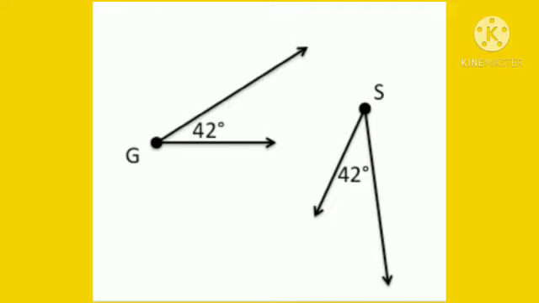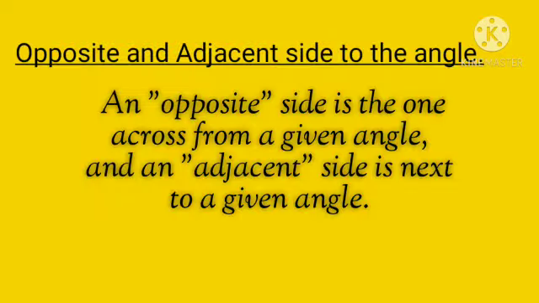they are congruent angles. Opposite and adjacent side to the angle. An opposite side is the one across from a given angle, and an adjacent side is next to the given angle.